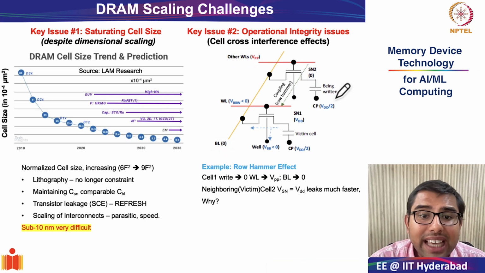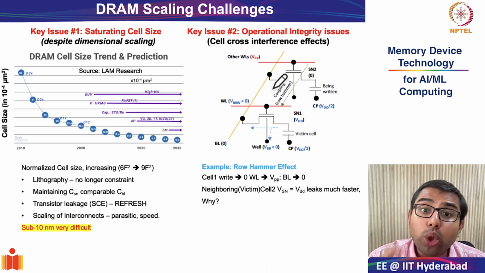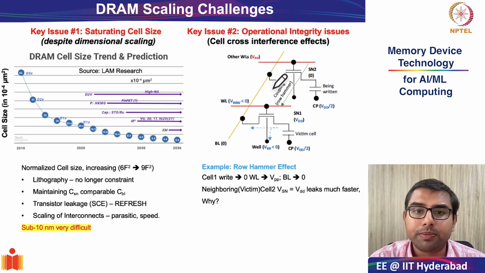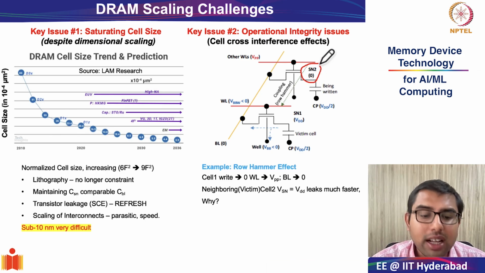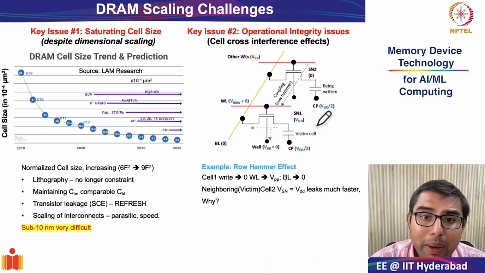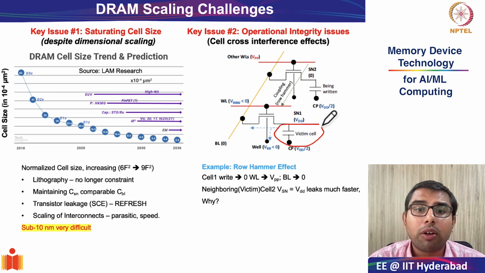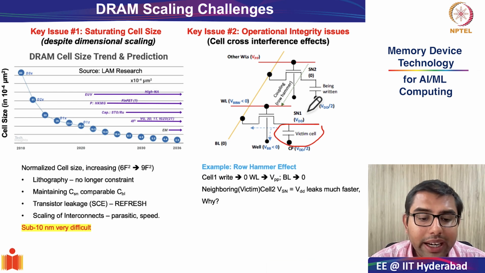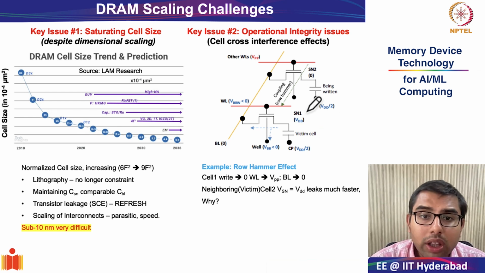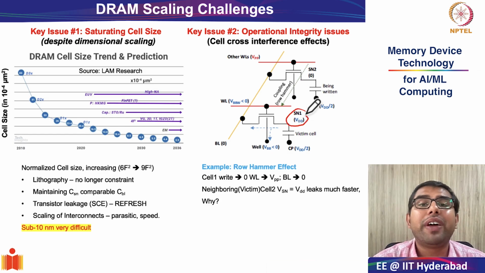However, what we see is that if we do this operation again and again, if we write into the intended cell again and again, the neighboring cell, which is also known as the victim cell, also develops a situation where the leakage on its storage node becomes very hastened.